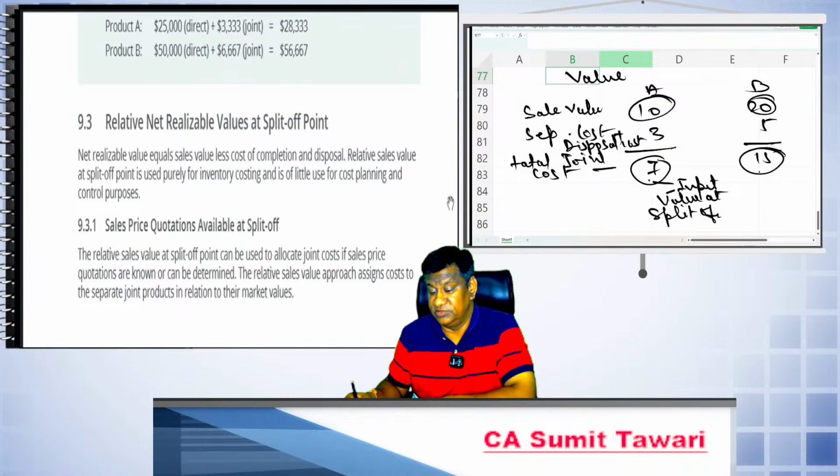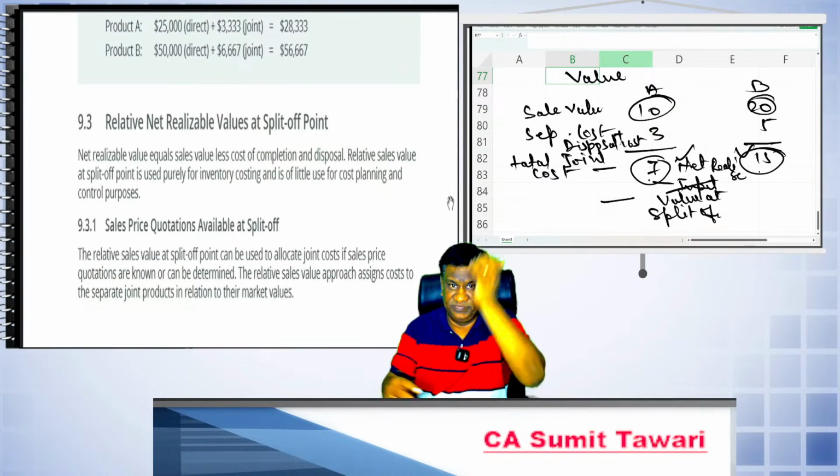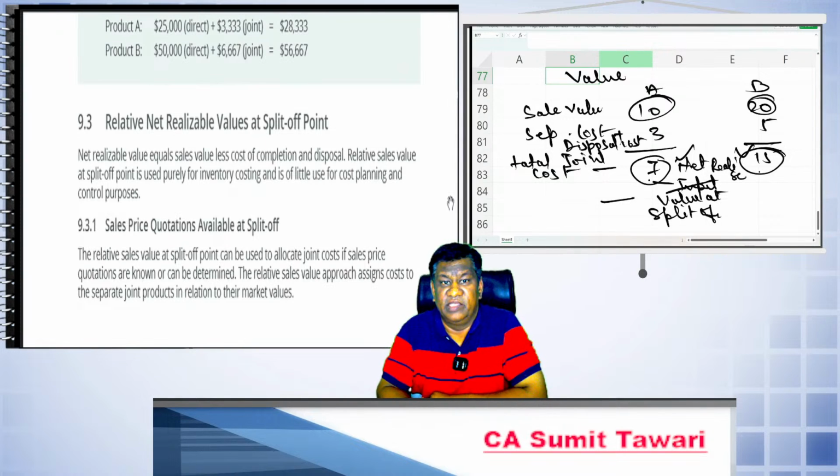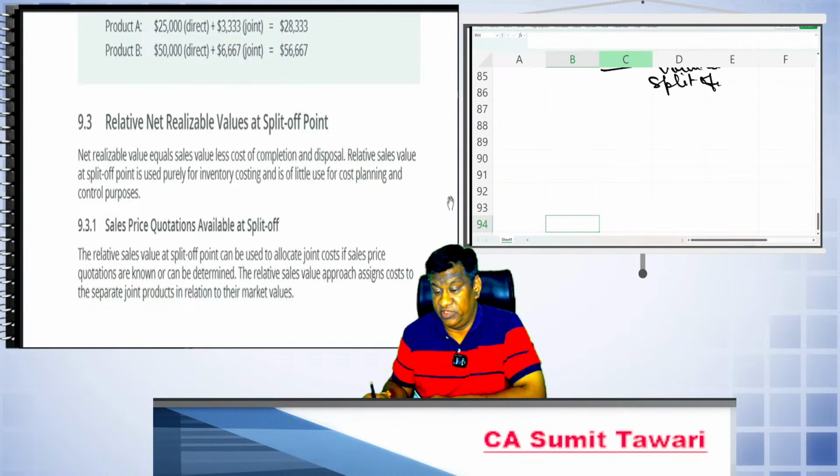Sorry, net realizable value you need to consider. Whatever cost is incurred till split-off, we need to bifurcate on net realizable value, 7 and 15. Now, sales price quotation available at split-off. Say at split-off, product X is a joint common product.